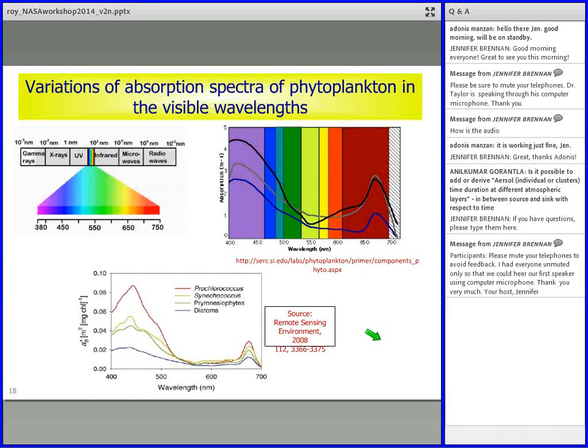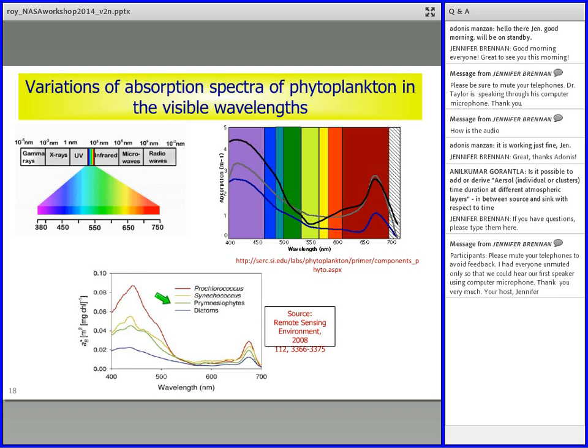And in the final part, I'll talk about bio-optical algorithms and how we can use them to understand phytoplankton community structure. So as we know, the specific absorption spectra of phytoplankton in the visible range have a very specific shape here, with 2 peaks. And these spectra vary for different taxonomic groups.